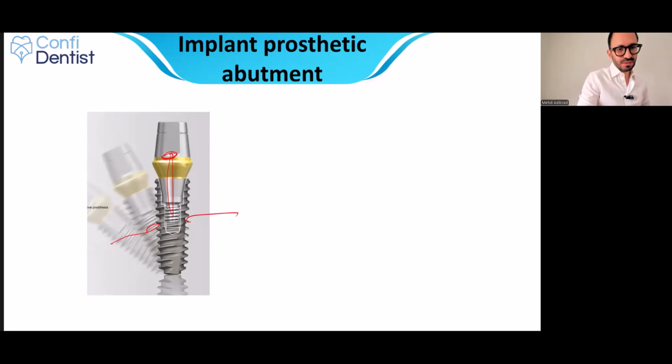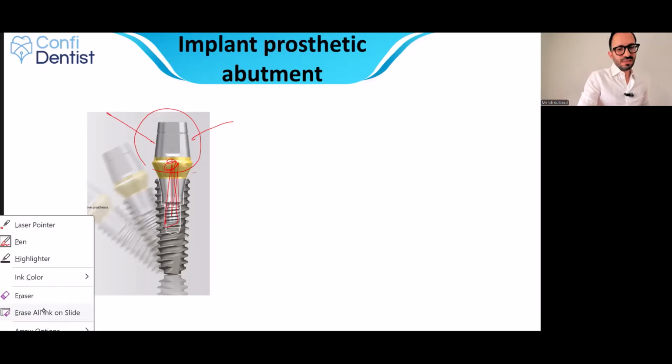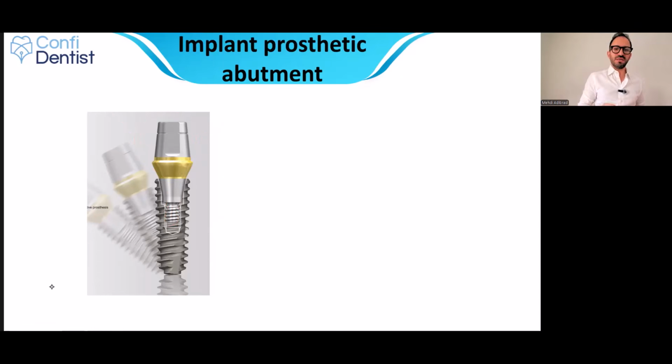Okay, so you can see the prosthetic abutment here, and there is a screw, the prosthetic screw that connects these two. Okay, so this can be an example of a cement-retained restoration, and on top of this, we're going to have the crown which gets cemented.